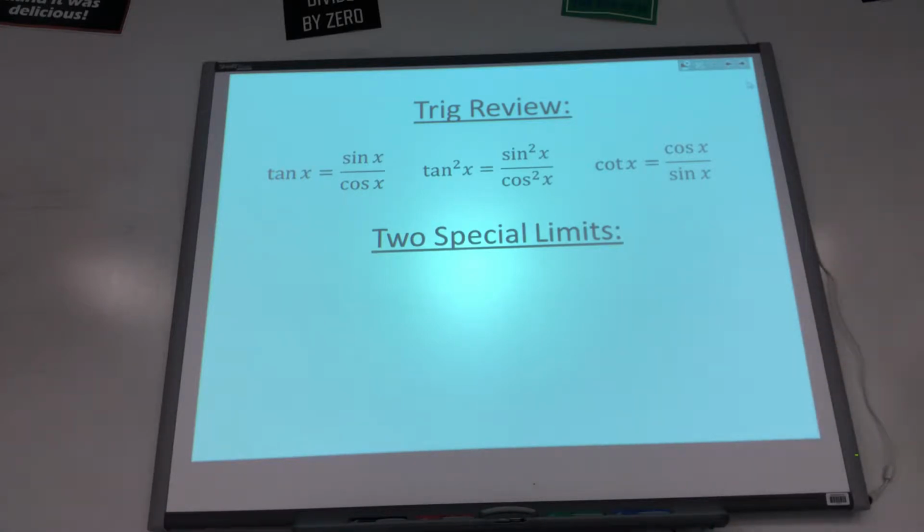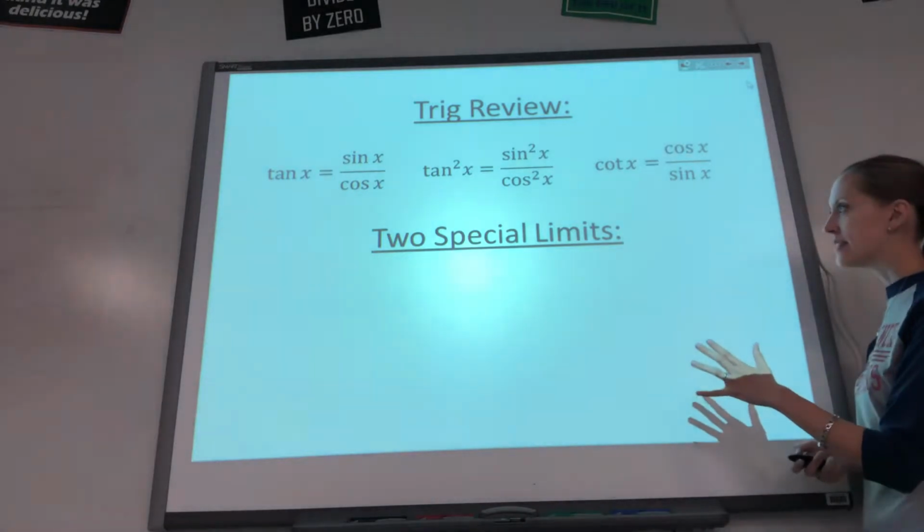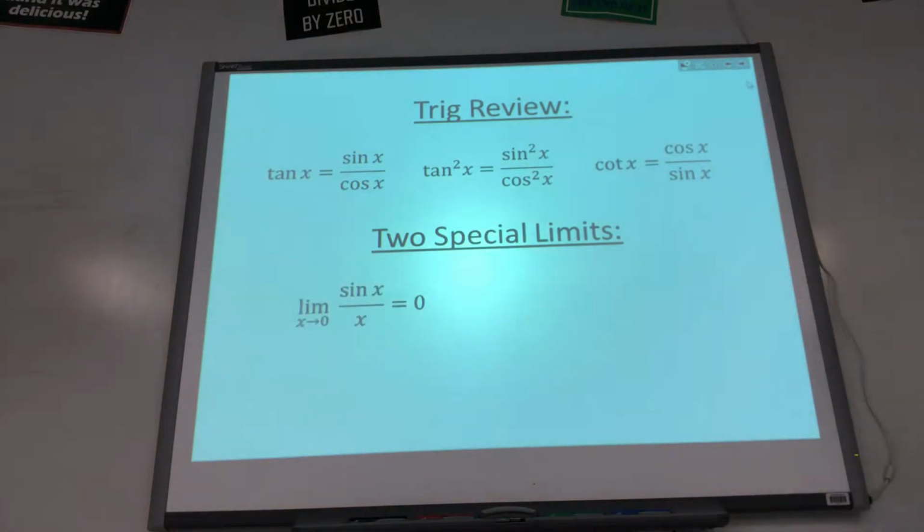We, in calculus, have 2 what I call special limits involving trig functions. And so, these are definitely ones that you want to write down. I'm going to be using them all day today.